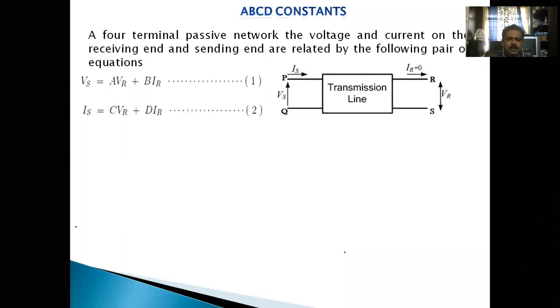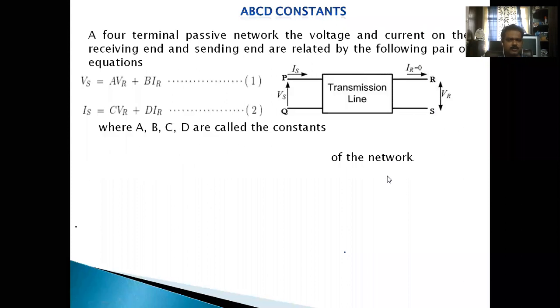Whatever the name, the governing equations are Vs is equal to A into Vr plus B into IR, and Is is equal to C into Vr plus D into IR. We can relate the sending end voltage and current with receiving end voltage and current using these 2 equations. These are the ABCD constants of the network.